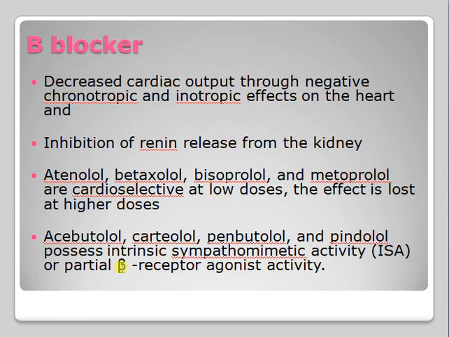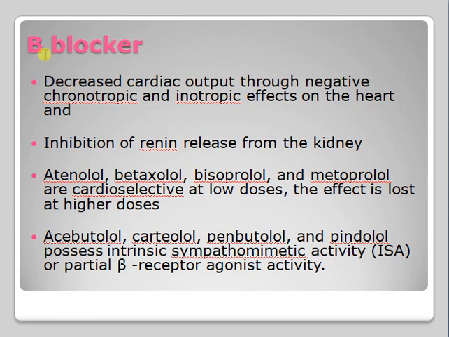Then the next parameter is that some category of drugs show intrinsic sympathetic activity or partial beta receptor agonistic activity. That means they show sympathetic tone along with the beta blockade. So the effect gets neutralized.